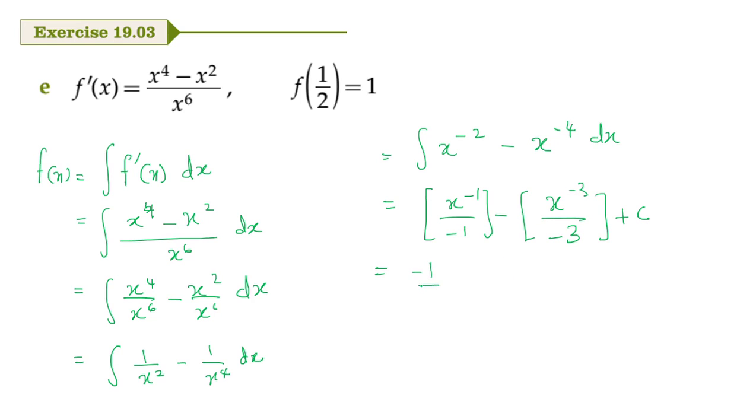You have negative 1 over x, minus becomes plus, 1 over 3x power of 3 plus c. So now we have to identify what is our c by using the information given over here. Okay, now copy the function. Just now we have negative 1 over x plus 1 over 3x power of 3 plus c.